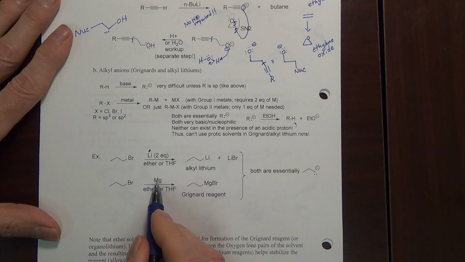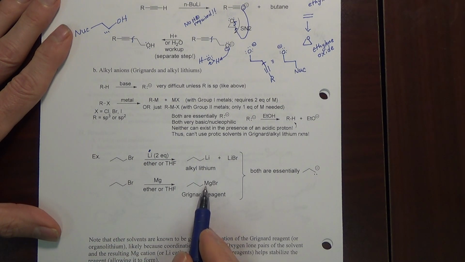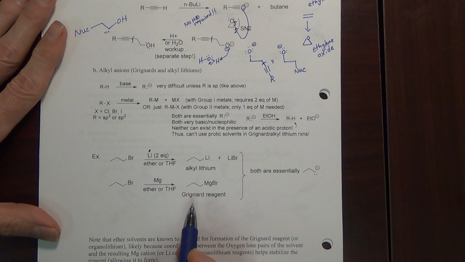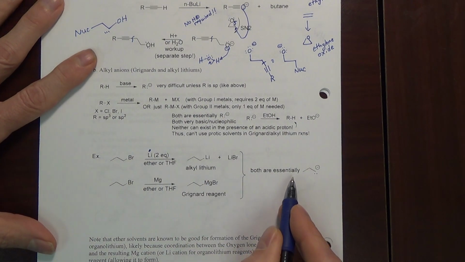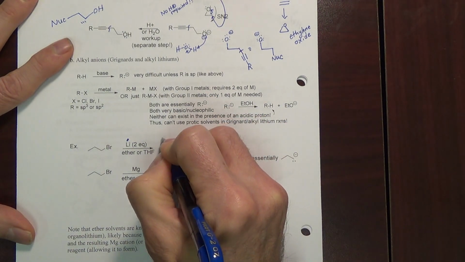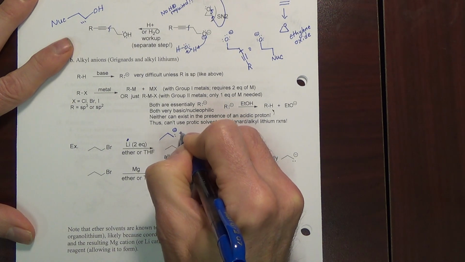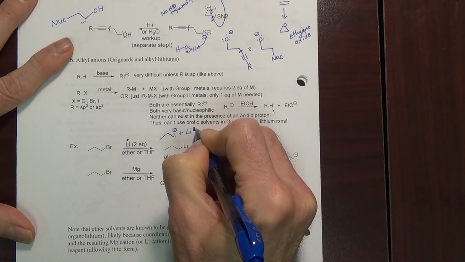With magnesium, which is group 2, you only need 1 equivalent, and the magnesium will replace the bromine. But magnesium is 2+, and so the bromide will remain here to balance the 2+ charge of the magnesium. Now, both are essentially carbanions, because while this is drawn covalent, if we drew it ionic, it would be that and lithium plus.